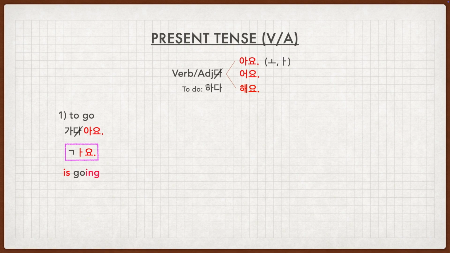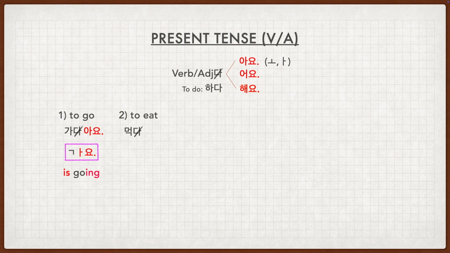Number two, to eat. Dictionary form is 먹다. From here, we always need to drop 다 first. And then we're going to conjugate with present tense. When we look at the character right in front of 다, there is no o or a vowel.